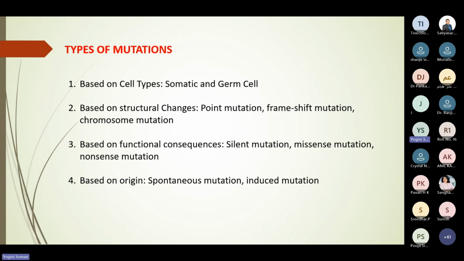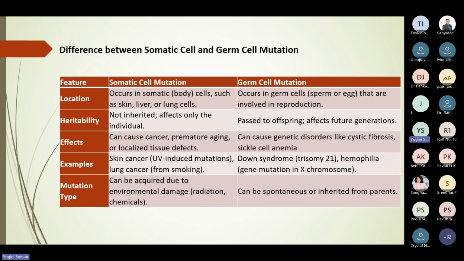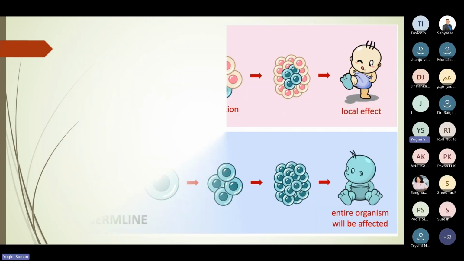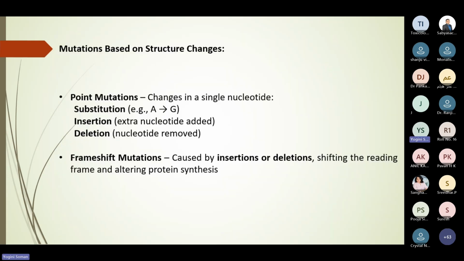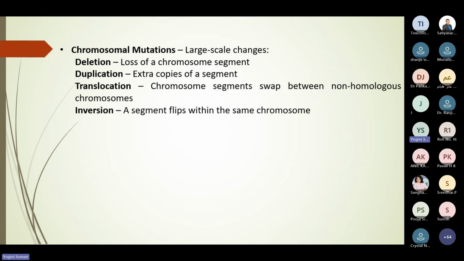Then we covered the types of mutations based on the cell type, that is somatic and germ cell, and the difference between the two. Somatic causes a local effect, and germline mutation affects the entire organism. Then mutations based on structural changes: point mutation, frame shift mutation, then chromosomal mutations.